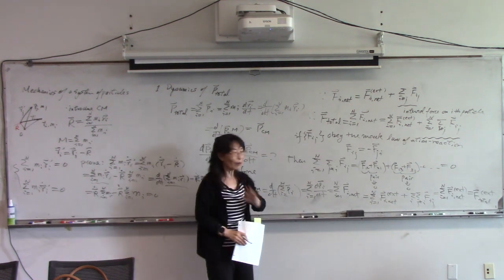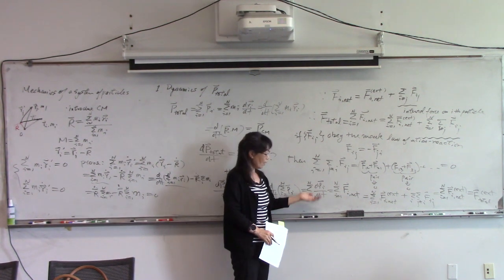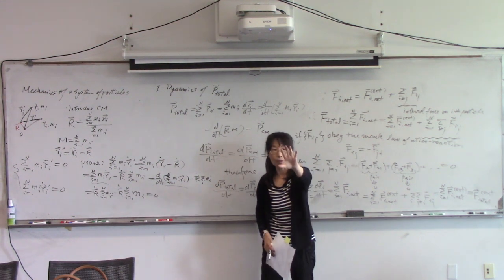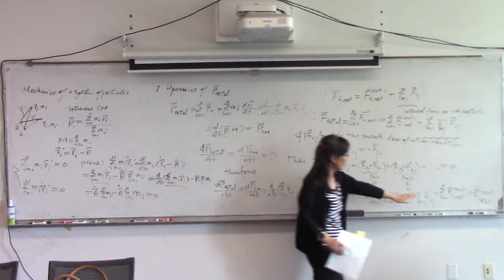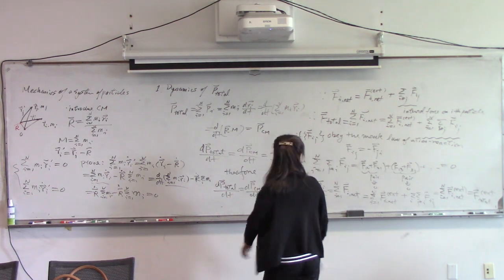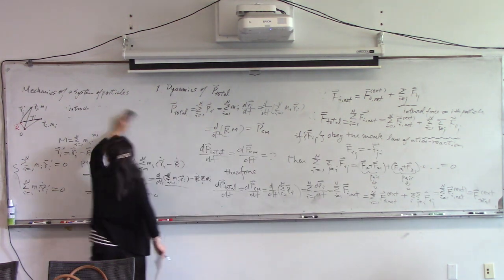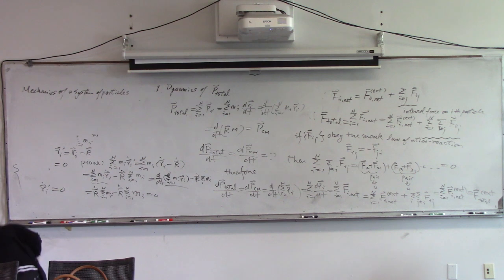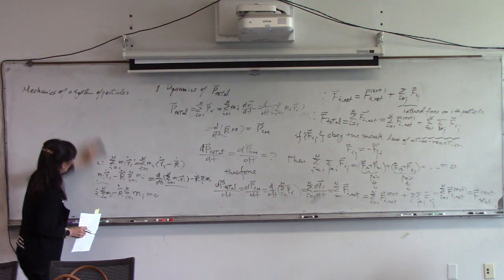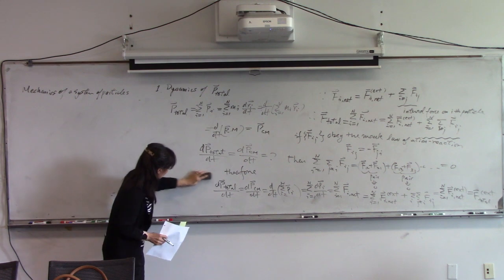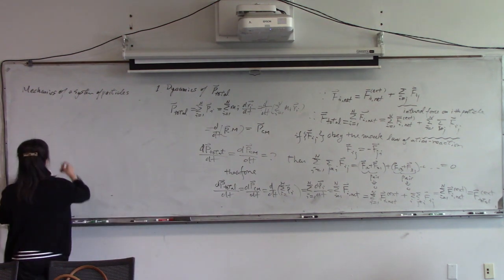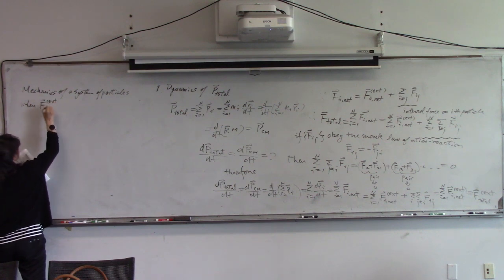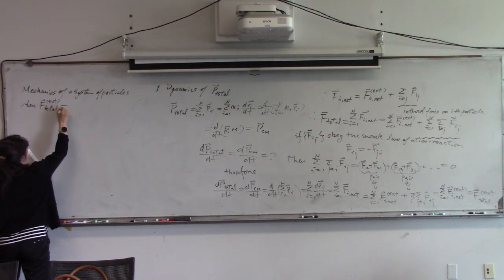So if we want to analyze the dynamics of the total linear momentum of the center of mass, we just look at the external force. You don't need to consider the internal force. And the linear momentum is conserved when the total external force is equal to 0.